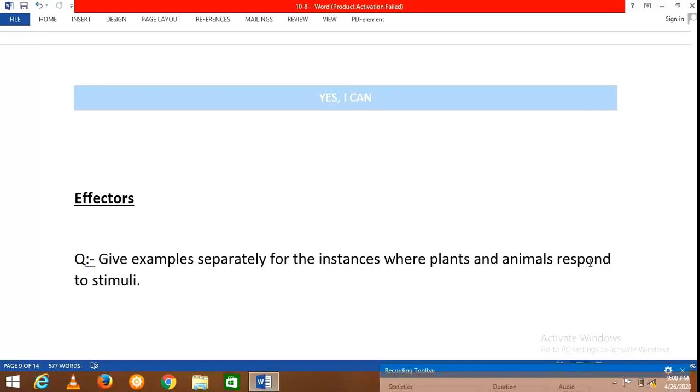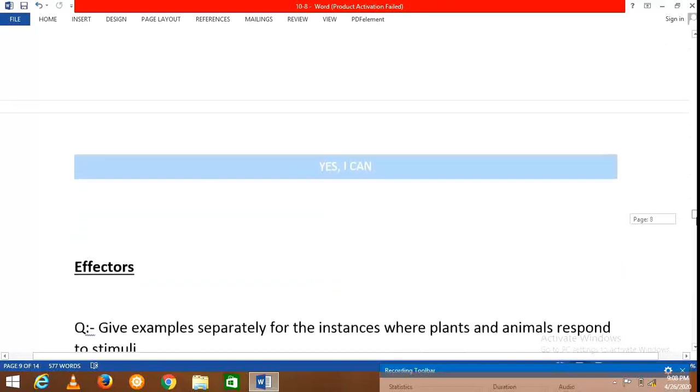So these are the instances where plants respond to stimuli. And also, the shoot tip, the shoot apex, grows towards light. That is also a response given out by plants. So both plants and animals have irritability and coordination.